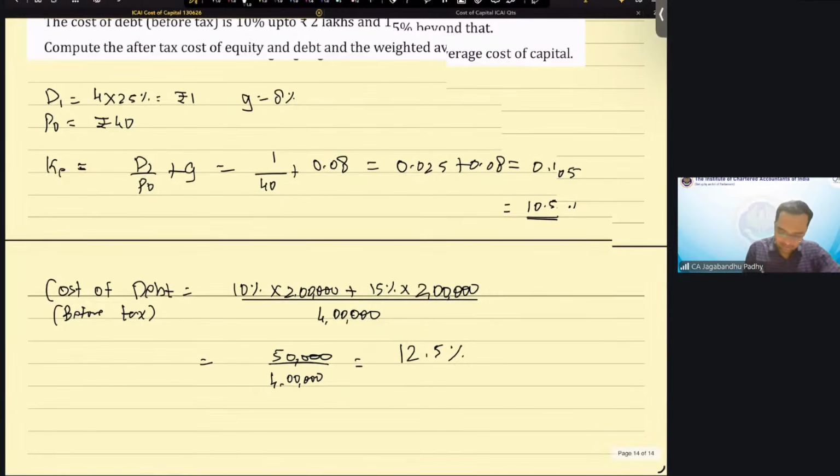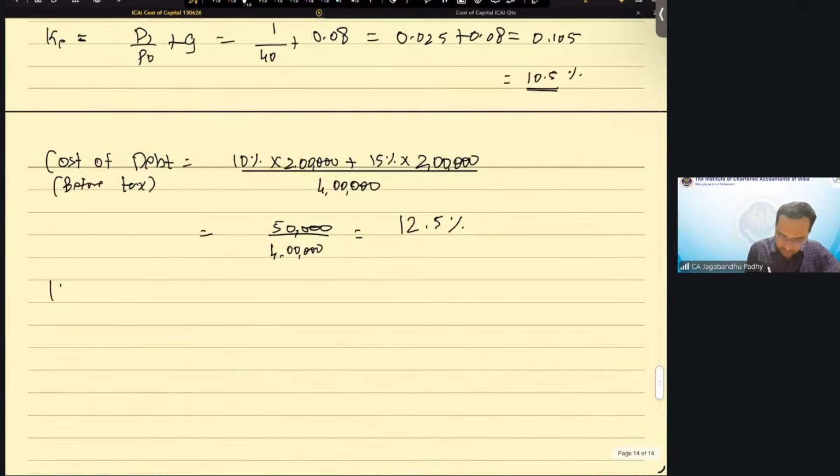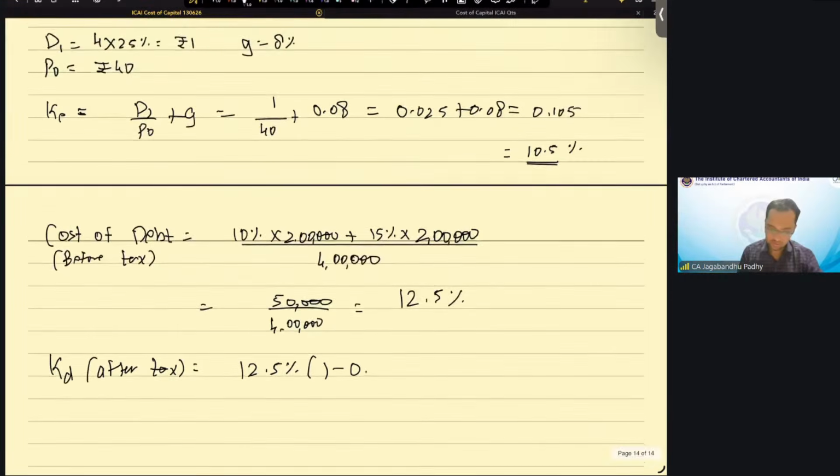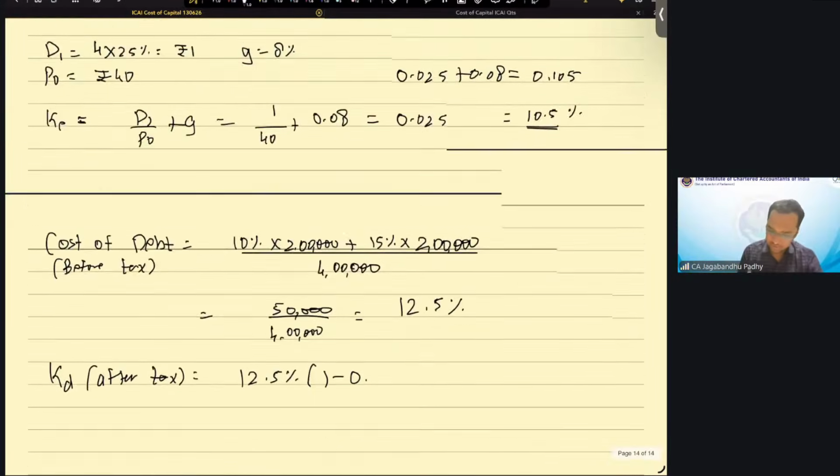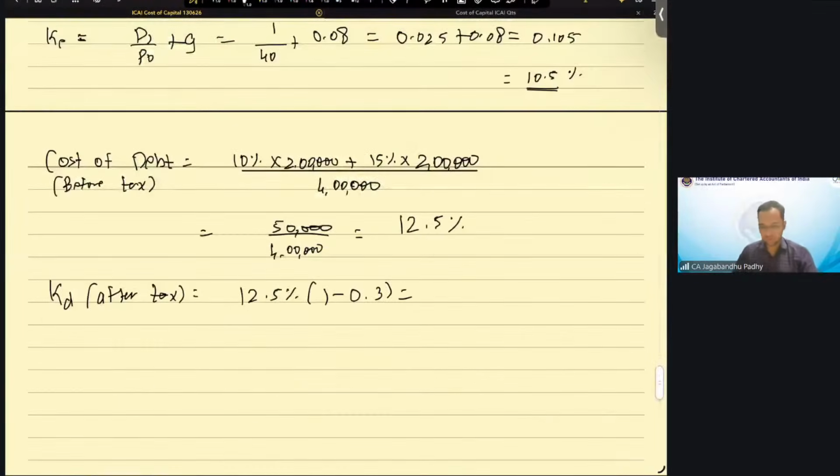Now, of course, this is before tax. So what will be the cost of debt after tax? What's the KD after tax? That's 12.5% into 1 minus 0.3, since the tax rate is 30%.